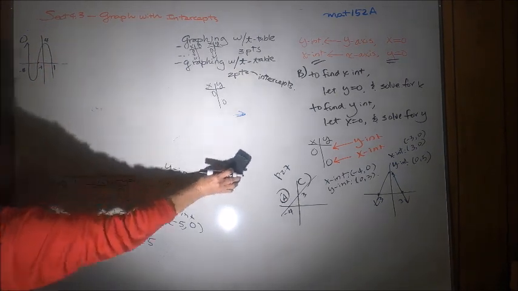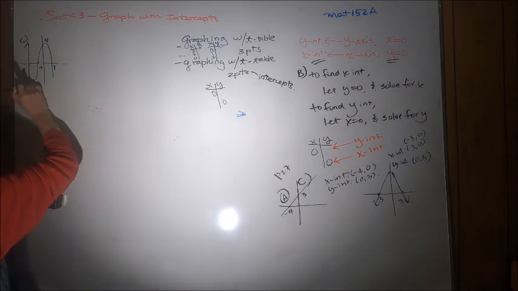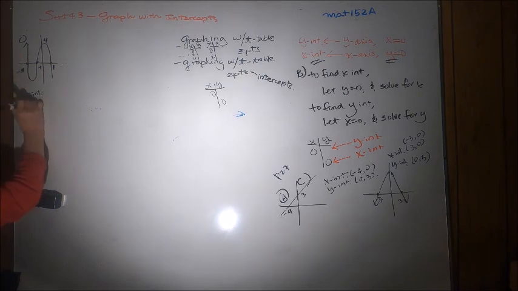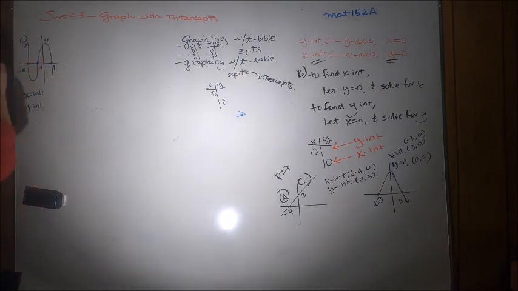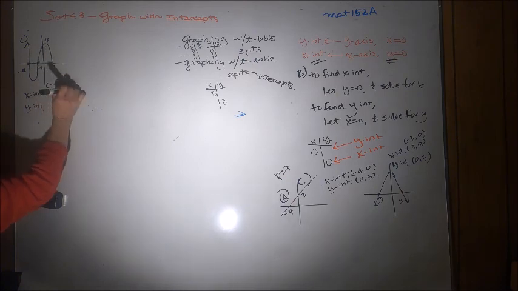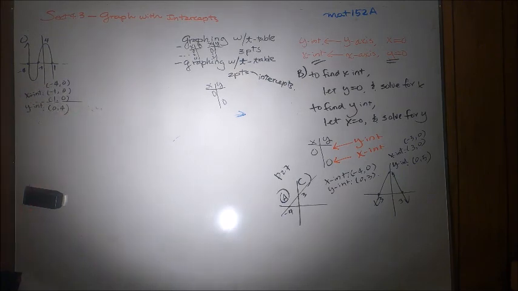So how many x-intercepts do you think you have? 1, 2, 3, right? 3 x-intercepts. And how many y-intercepts do you have? Just 1. So how do you describe your x-intercepts? That will be -4, 0, -1, 0, and 1, 0, right? Then what's your y-intercept? That would be 0, 4, right?